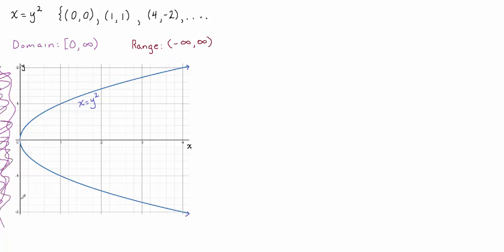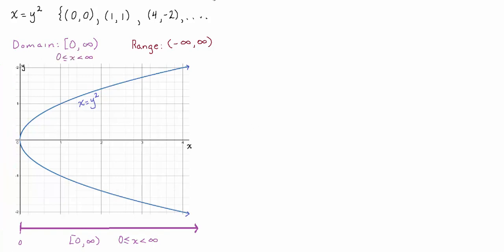So the domain is everything starting from 0 and going up to the right and continuing on in that direction forever. So that is the interval 0 to infinity, which we can write using inequality notation as 0 is less than or equal to x is less than infinity.